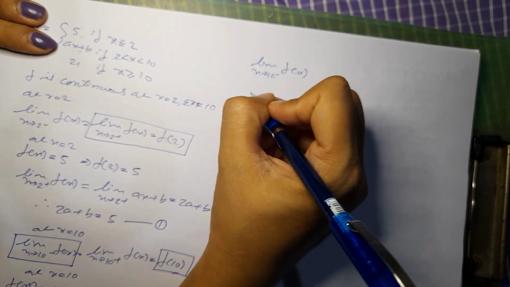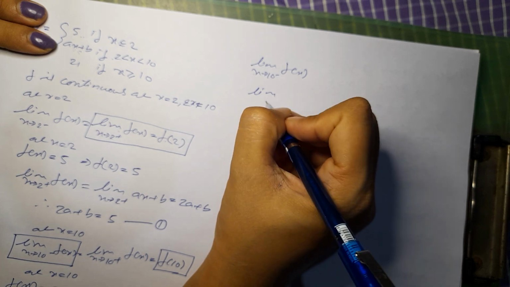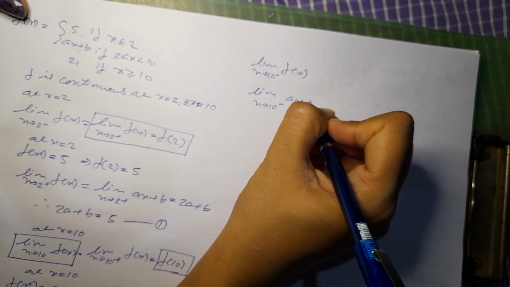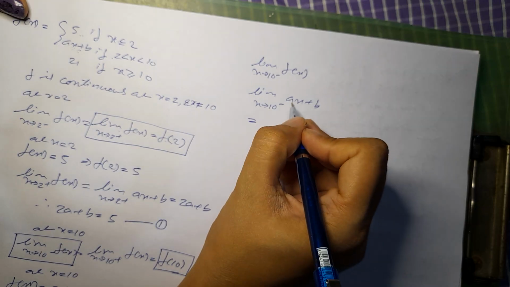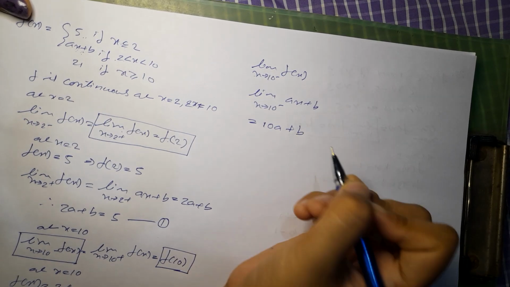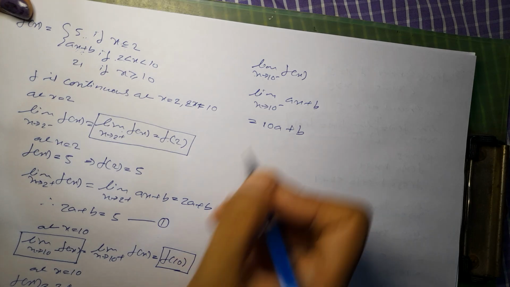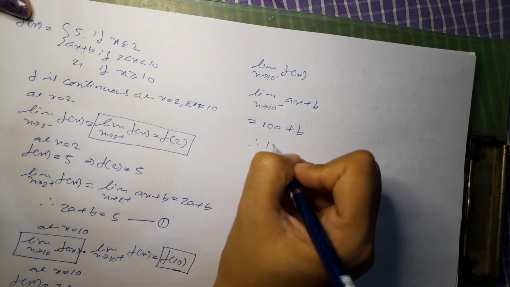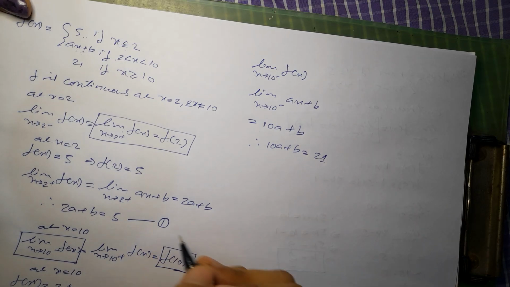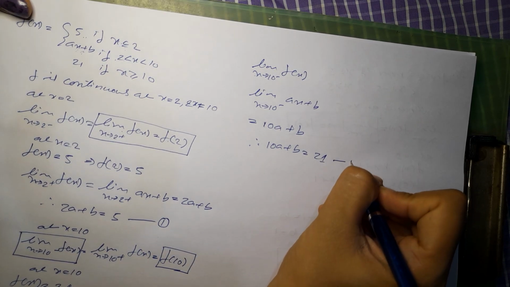This is the function ax plus b. Now instead of x you put 10, so it will be 10a plus b. Since these two are equal, therefore 10a plus b equal to 21. So this is equation 2 and the earlier one is equation 1.